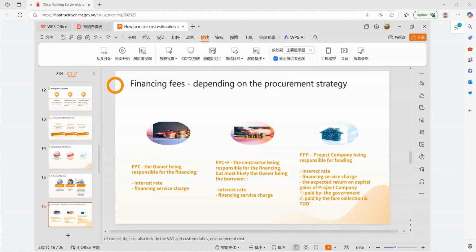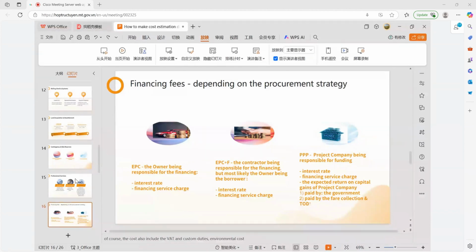And if PPP mode is selected, then the special purpose project company will be responsible for funding. In this case, the financing fees not only include interest rate and the financing service charge, but also include the expected return on capital gains of the project company.